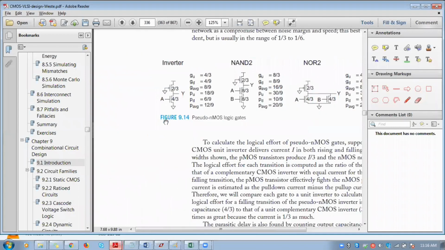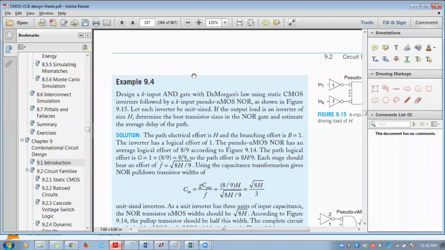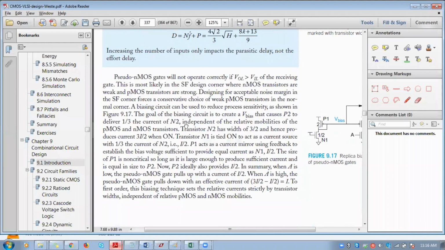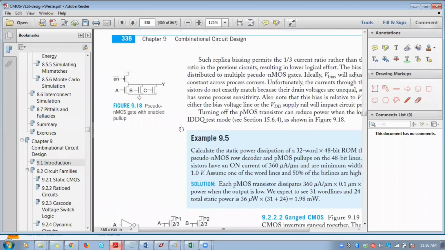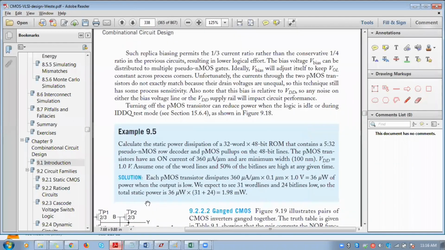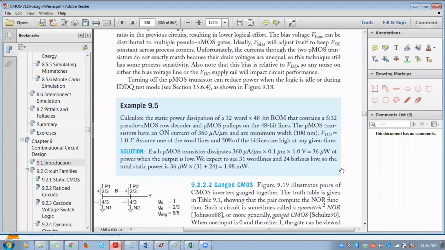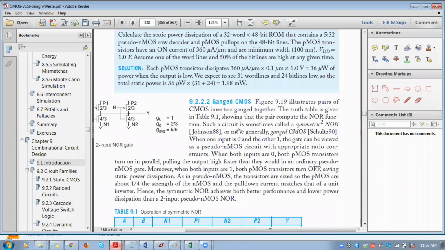That is the concept called ganged CMOS. Yesterday there was a typo in the question: you have to design a symmetric two input NOR gate. According to the ganged CMOS concept, you can design any logic with respect to inverters alone. By only using inverters, you can design any type of logic.